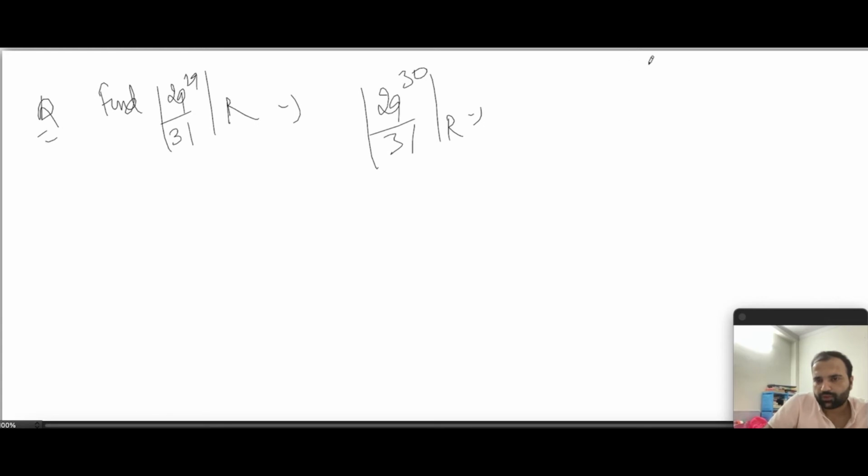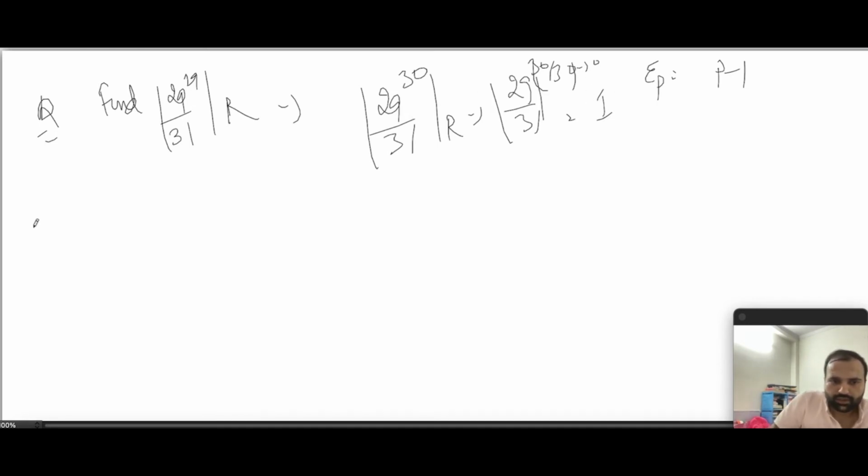31 is a prime number, so we know the Euler of a prime number is p minus 1. So it should be 29, 30 by 30 by 31. So we are getting 1 as a remainder because this gets 0, and anything on top of 0 is 1. So we're getting 1 as remainder.